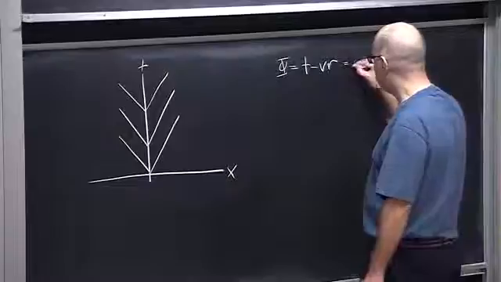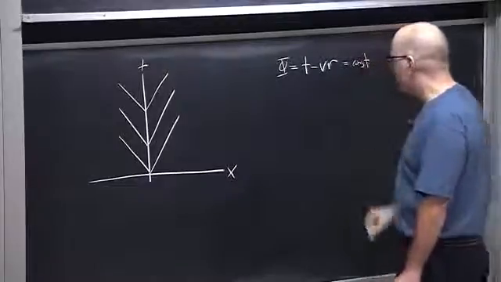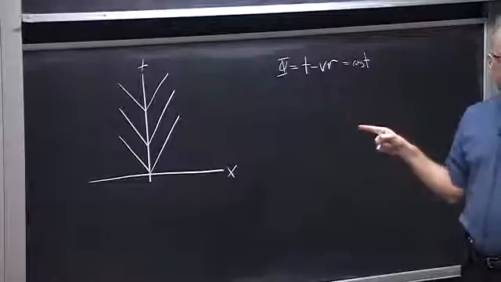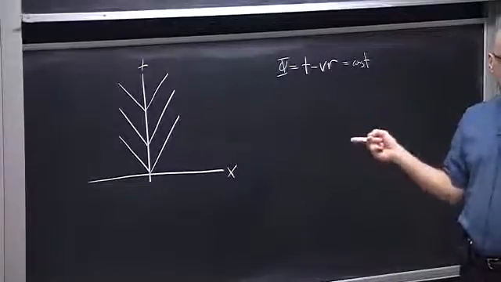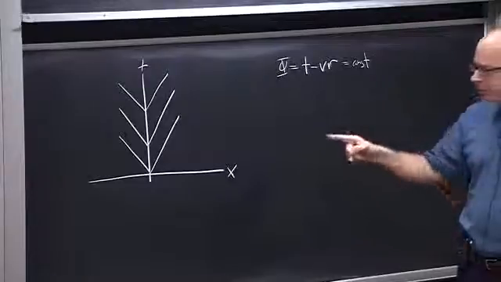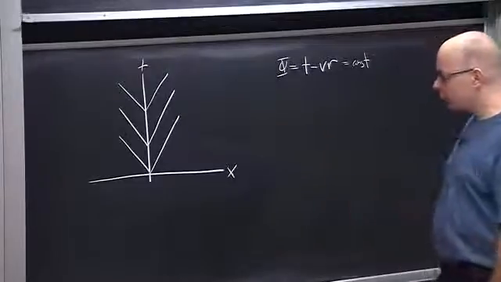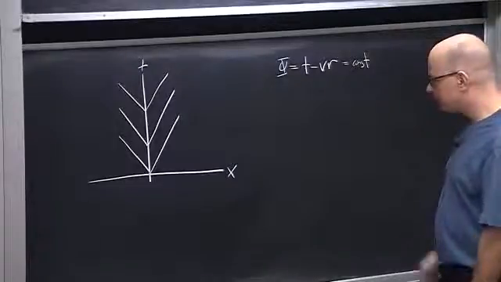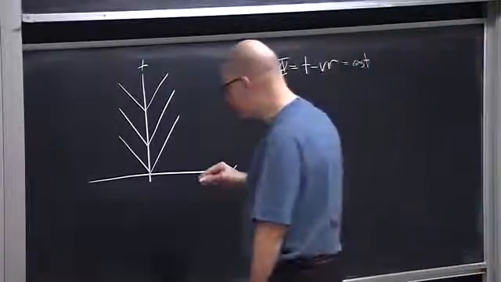The hypersurfaces phi equals constant will be represented on this diagram with straight lines, but with a slope that's larger than unity. I want to draw other lines with slopes smaller.